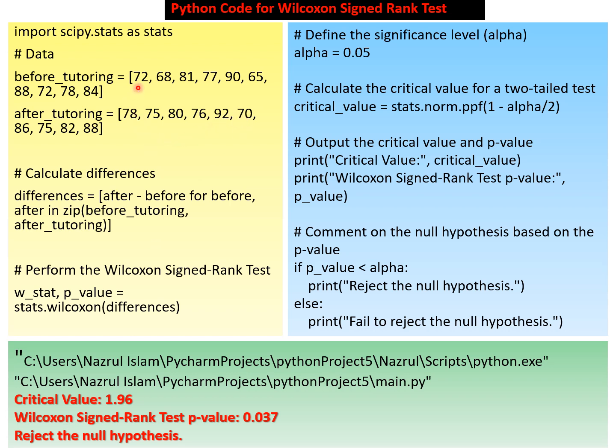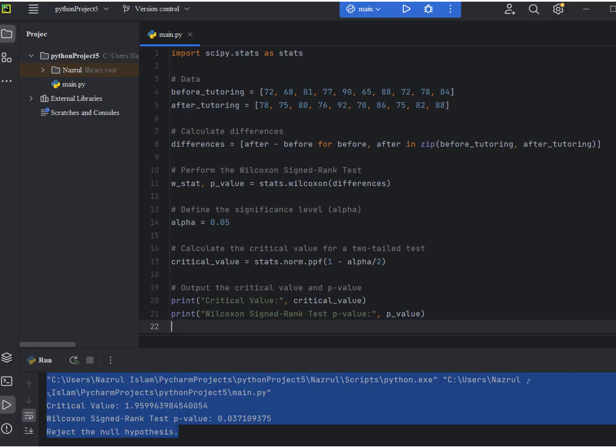This is the Python code I have given here, and if you put these values in Python, we will get the result: critical value and Wilcoxon signed rank p value, and the comments are also given in the Python code. This is the screenshot of the Python code.